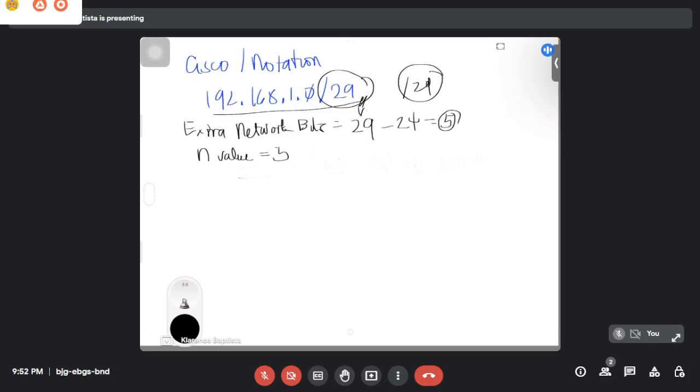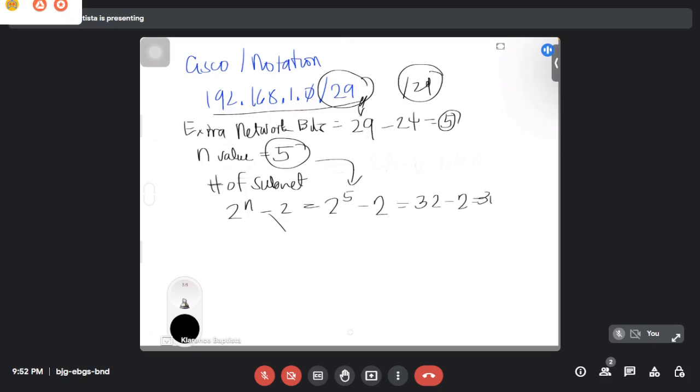So kaparehas lang po siya ni requirement of subnet. Kukunin lang natin si number of subnet muna. So pag nakuha po natin, ang formula is 2 raised to n minus 2. Wala na po siyang greater than or equal, di ba? So 2 raised to 5, dahil n value natin is 5. Ayan po yan, nandyan. Okay? Minus 2 is equals to 32 minus 2 is 30 subnets.